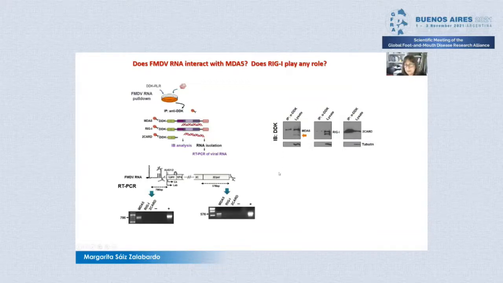When we analyzed the RNA fractions by RT-PCR using primers annealing either at the 5' end or the 3' end of the FMD genome, we could readily amplify these two regions from the RNA fractions isolated from MDA5 IP fractions, but not associated with RIG-I or negative control IP fractions. This suggested that the FMD genome interacted selectively with MDA5 and not that much with RIG-I.